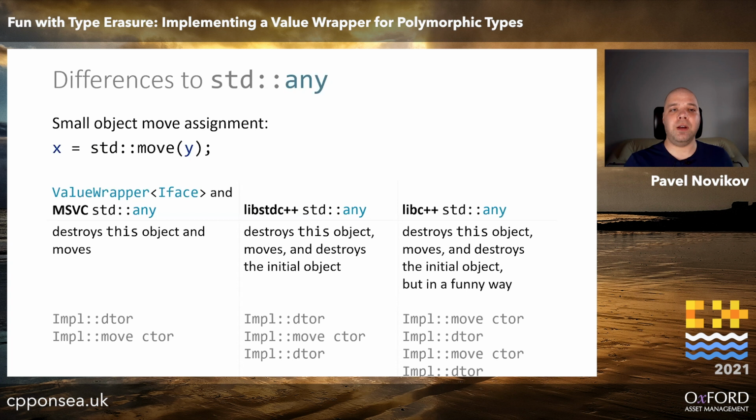Next, we have move assignment for small objects. Here, our implementation and std do the same thing. They destroy the current value because we have to, and then they move the other value from the moved-from instance.